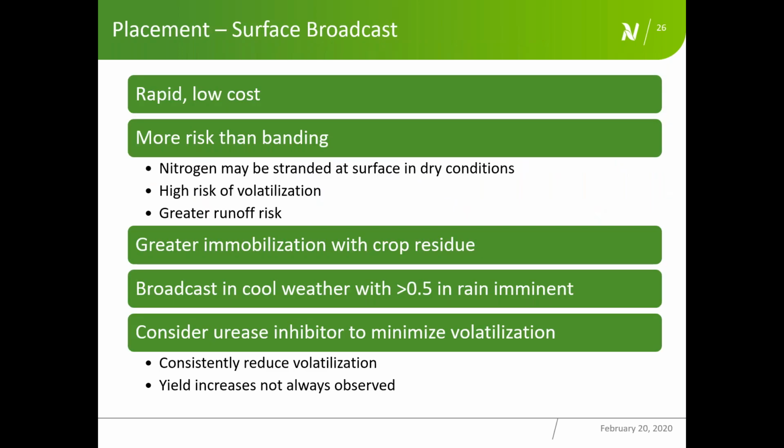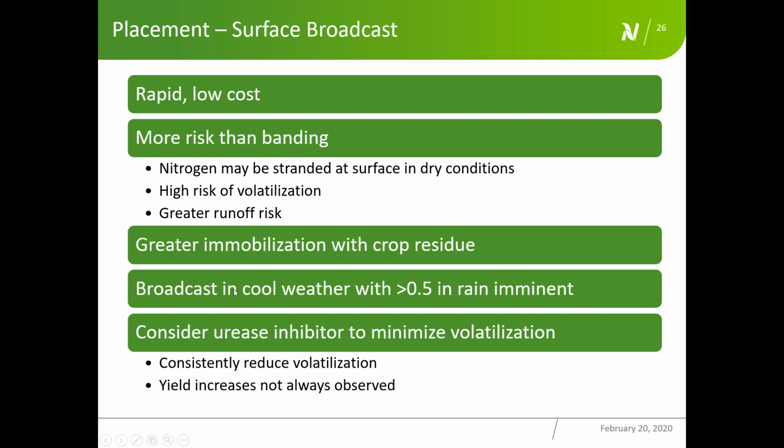All right, so let's talk about placement. Again, some of the same factors we've talked about. One of the advantages of placing it below the surface is the reduced risk of runoff, reduced risk of volatilization, and particularly in dryland systems where we have limited rainfall, reduced stranding of that nitrogen, put it in the seed zone, in the root zone where the plant can get it.